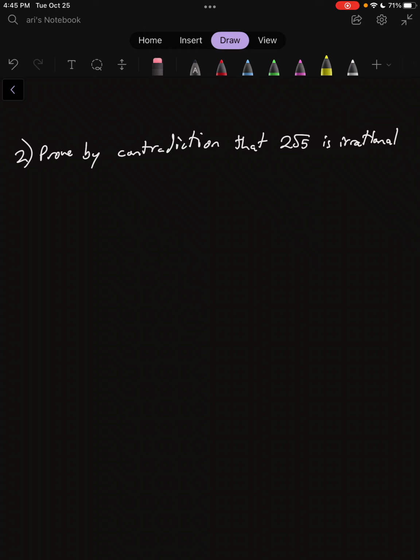So we want to prove by contradiction. If we're proving this by contradiction, that means that we have to actually assume that 2 times the square root of 5 is rational. So I'll start writing it out. One thing that doing this on an iPad allows me to do is write out full proofs, basically.